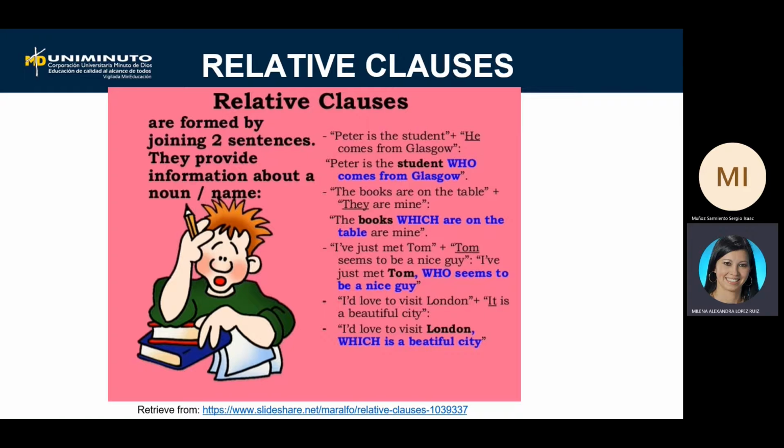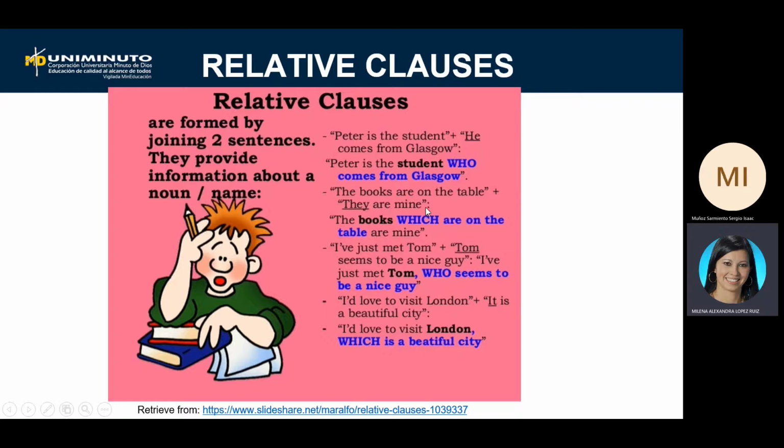I have another example. Look at this second example. The books are on the table, plus they are mine. This is another sentence. What happened? The main rule says you put which here because we're talking about things. But I cannot say the books are on the table, which are mine.